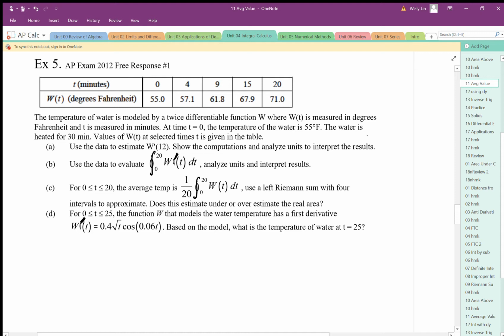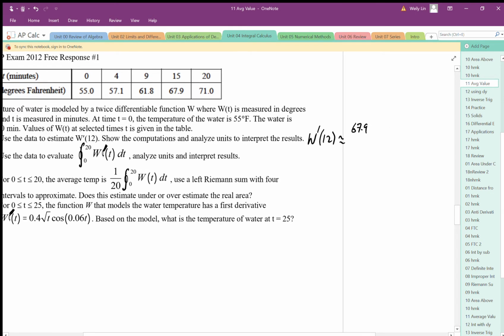So we're going to say that W prime of 12 is approximately equal to the rise, in this case, 67.9 minus 61.8 over the run of 15 minus 9. And that's going to give us an estimate of the slope at that point. So that's going to be 6.1 over 6.